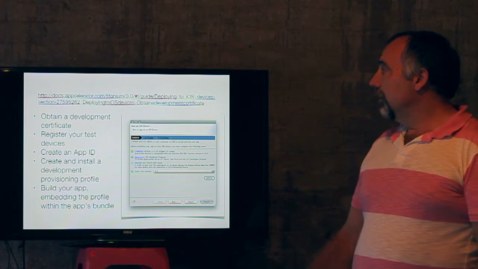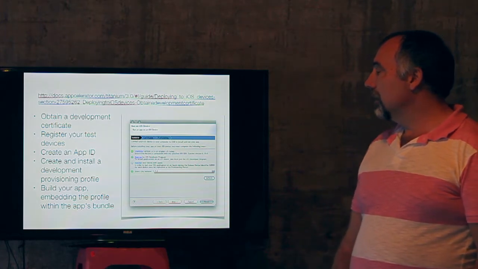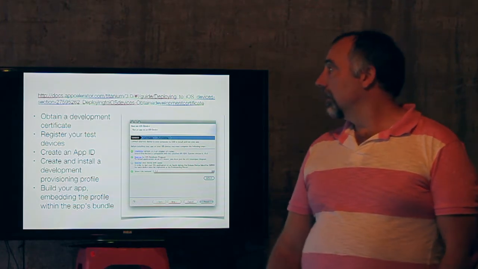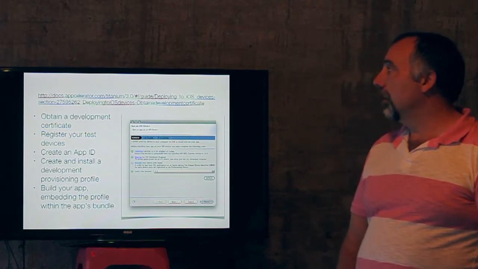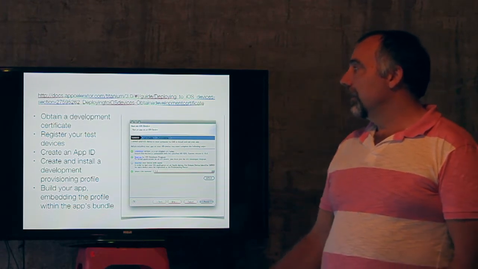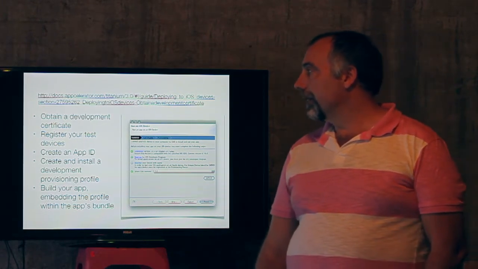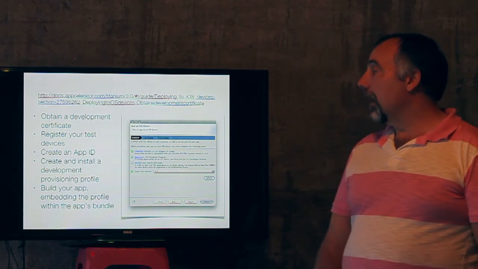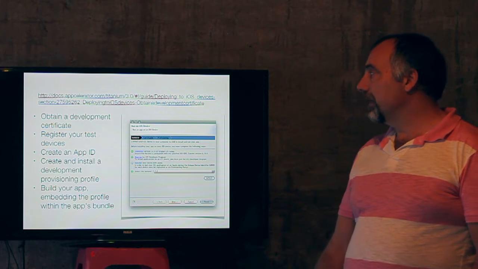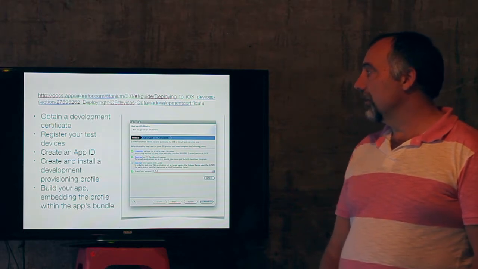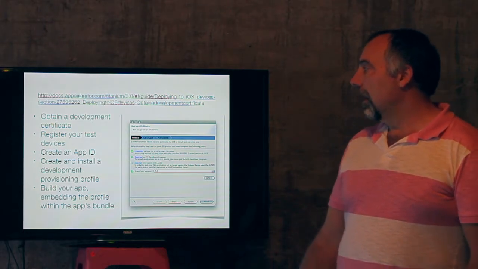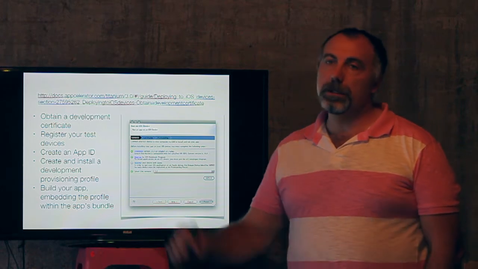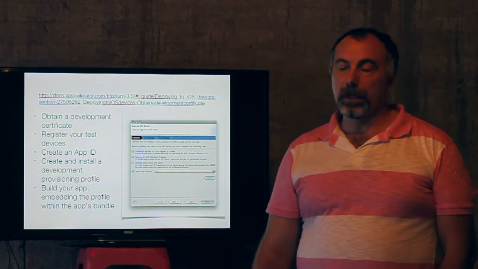In order to publish an application in the Apple market, you need to obtain a development certificate, register your test devices, create an app ID, create and install a development provision profile, and build your app embedding this in the application.